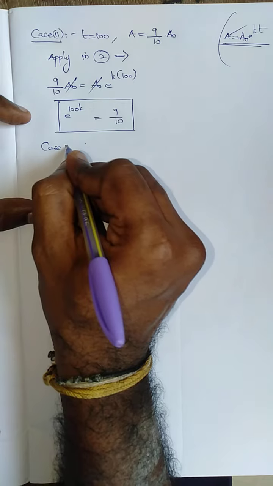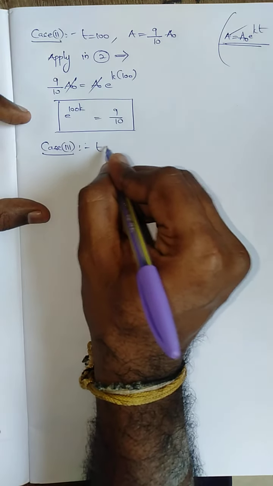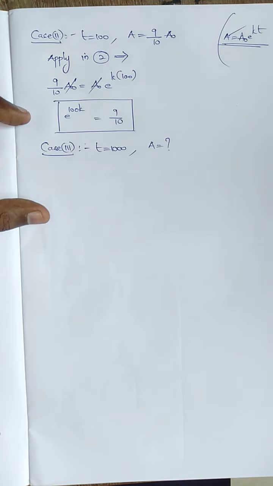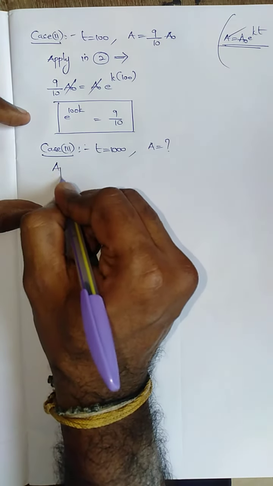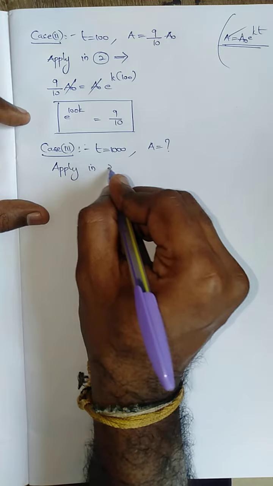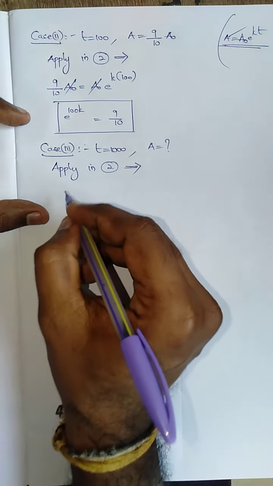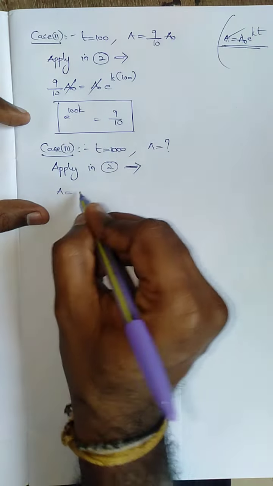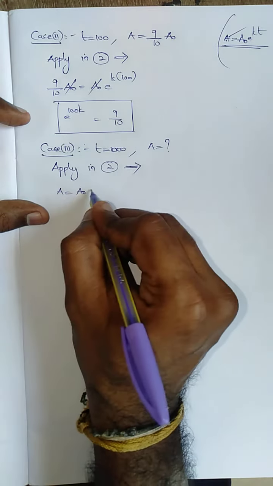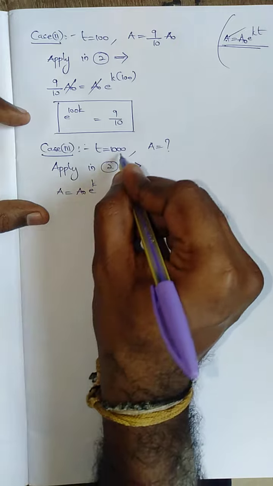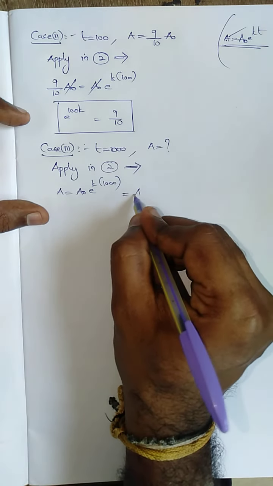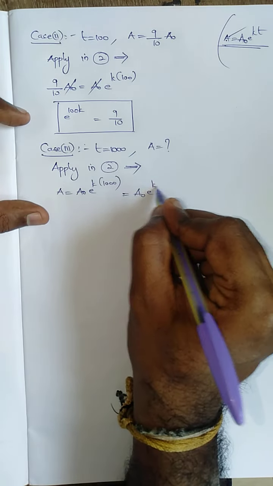Next, case 3. Case 3 is t is equal to 1000. I need to find the percentage of A naught. Apply in equation 2. What is A? I need to find that. A is equal to A naught e power k times t, and t is 1000. So we can write A naught e power 1000k.